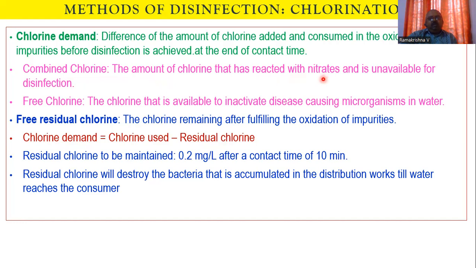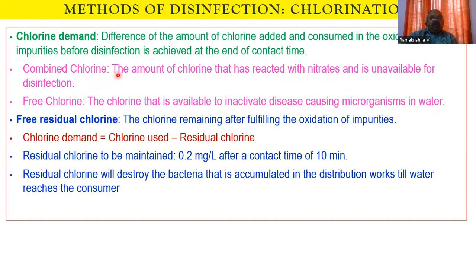So ammonia nitrate compounds convert into ammonium chlorides, then organic chlorides, inorganic chlorides. Whatever reacts with the nitrates, which is not available for disinfection, is called combined chlorine.